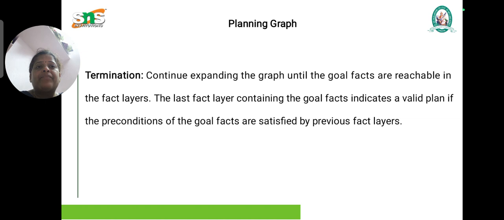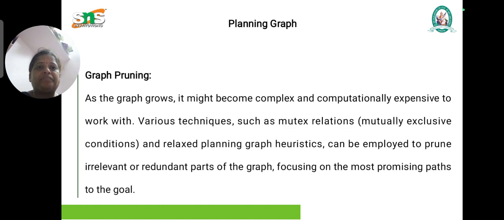Termination: continue expanding the graph until the goal facts are reachable in the fact layers. The last fact layer containing the goal facts indicates a valid plan if the preconditions of the goal facts are satisfied by previous fact layers.